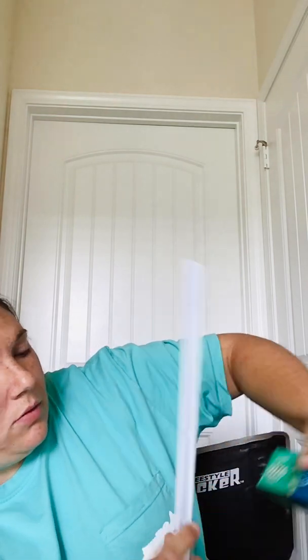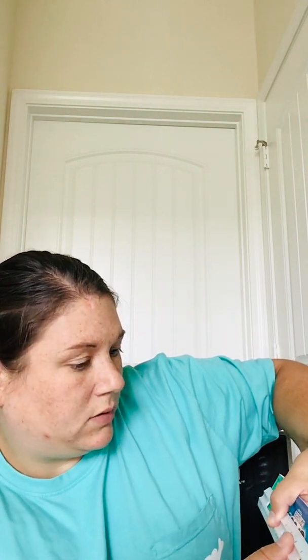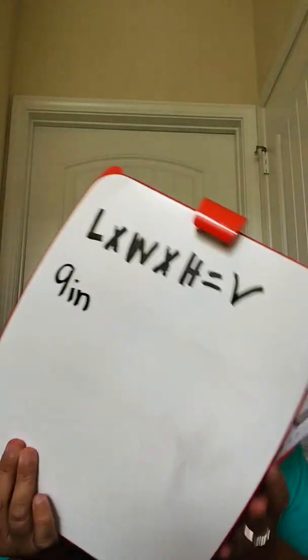Oh, no wonder, I have my ruler backwards. So it's a little past 8 1/2 inches, so we're going to round up to 9. So our length is going to be 9 inches.